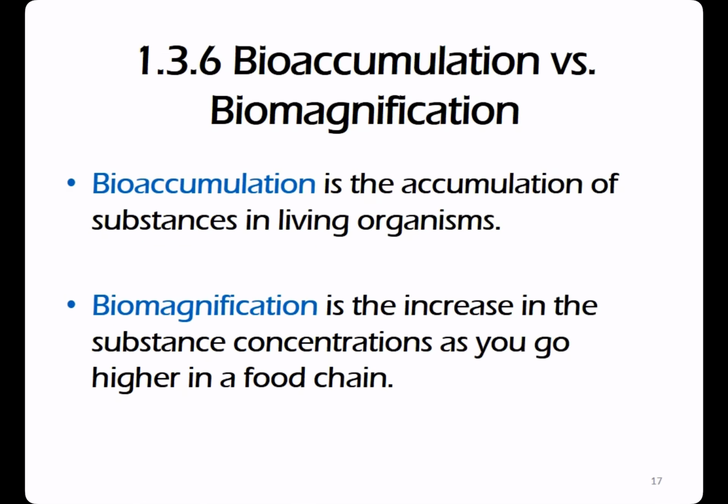Next, we enter into a very important concept, bioaccumulation versus biomagnification. Bioaccumulation is the accumulation of substances in living organisms, whereas biomagnification is the increase in the substance concentrations as you go higher in the food chain. Now this is very important. I want you to remember this.